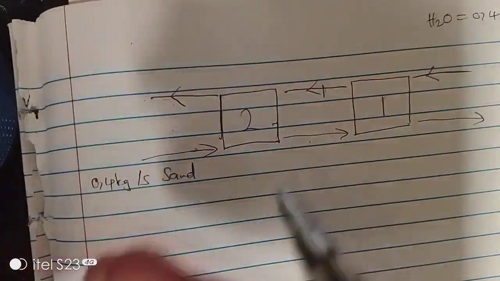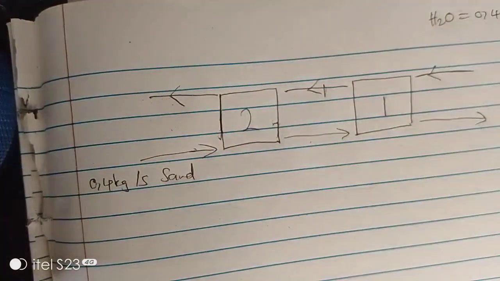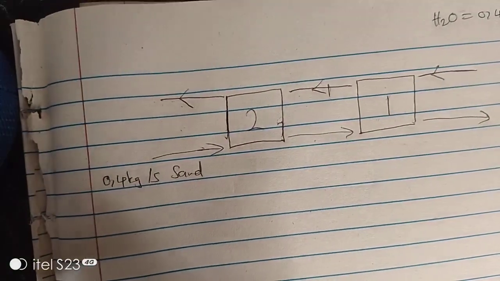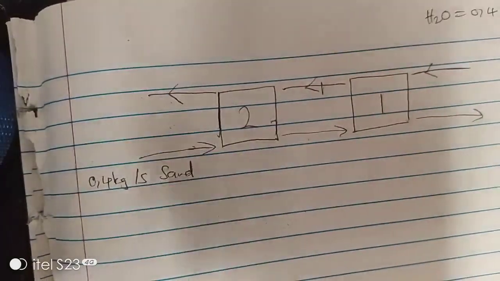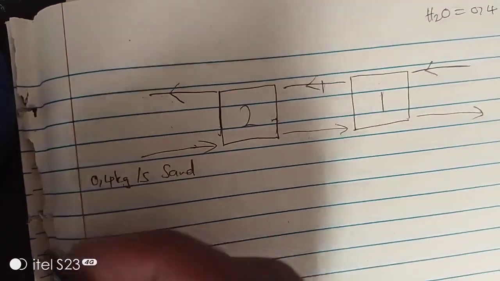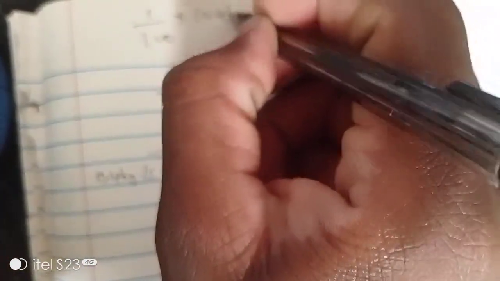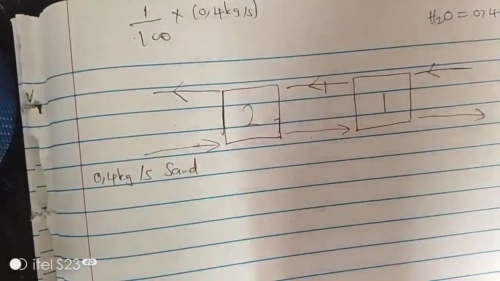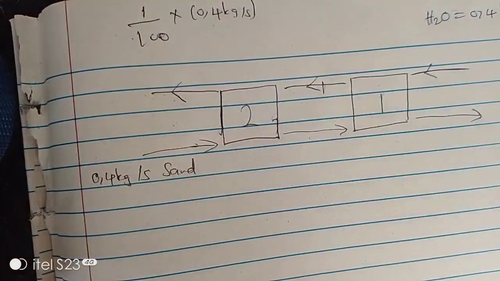Then we're told that the sand contains 1% of salt, so we can say 1 over 100 times 0.4 kgs per second. The problem statement is not saying 1% of the sand is salt.